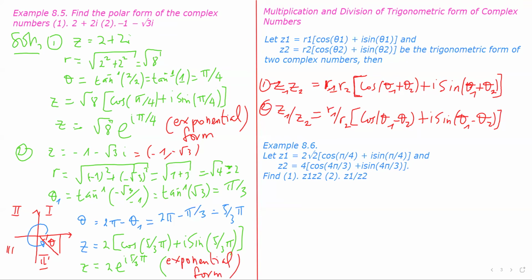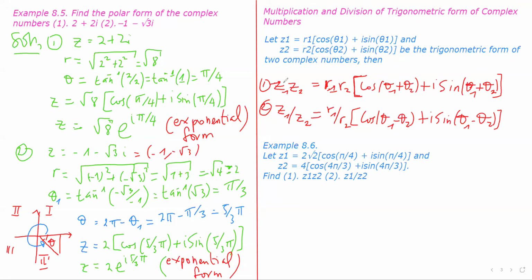Okay. Then next, we can multiply trigonometric forms of complex numbers, as well as divide them. If we have two trigonometric forms, z1 equal to r1 cos theta 1 plus i sine theta 1, and z2, we can multiply them.